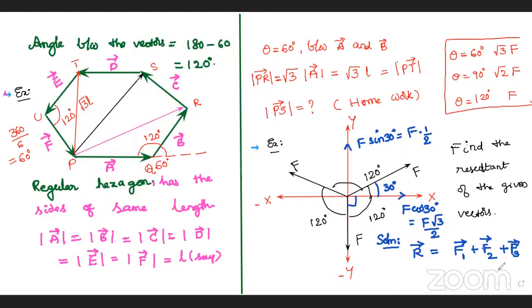Okay. First F1 bar, look at there. What are the components? Along x-axis, you got F root 3 upon 2.